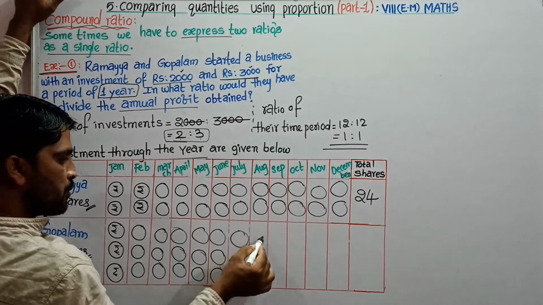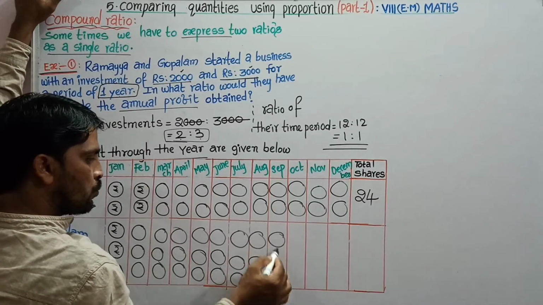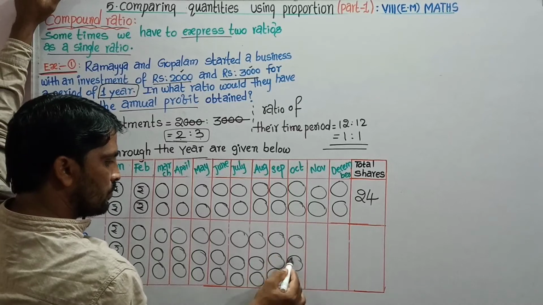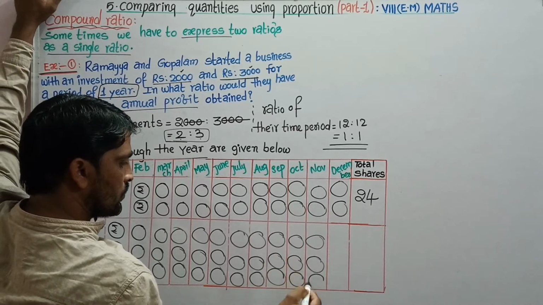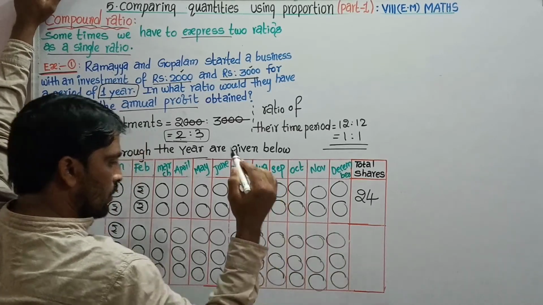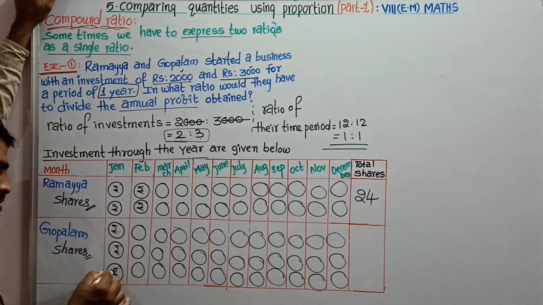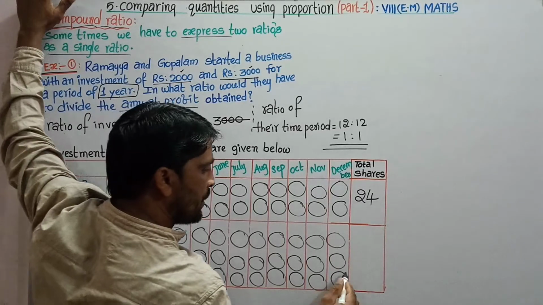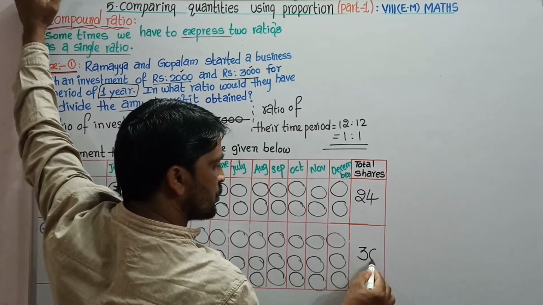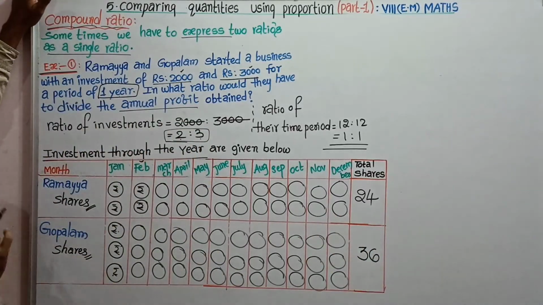Similarly, share of Gopalam: he invested 3 units of amount for 12 months period. 12 threes are 36 units is the share of Gopalam.